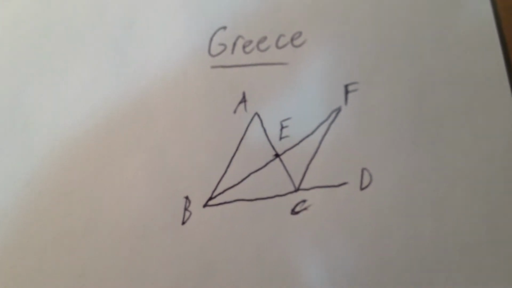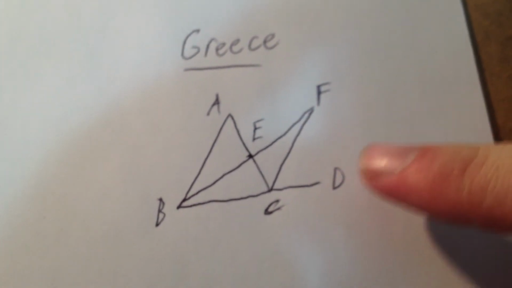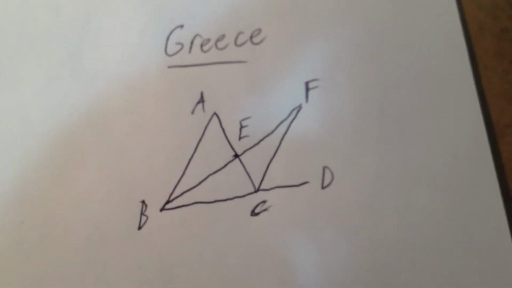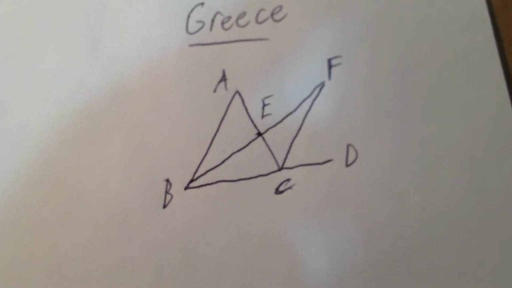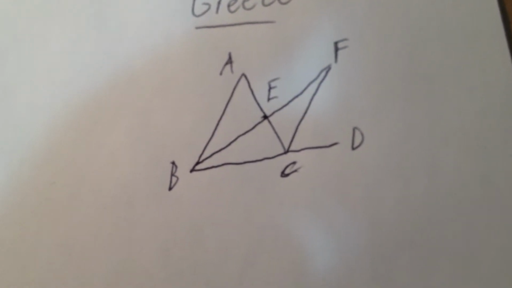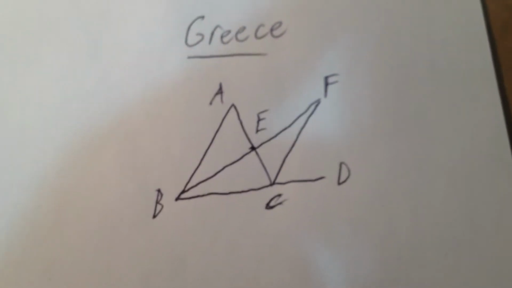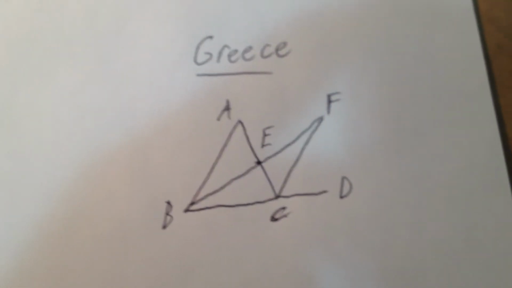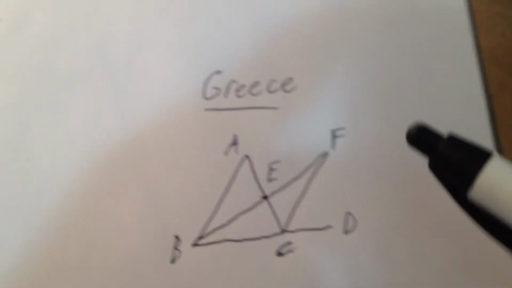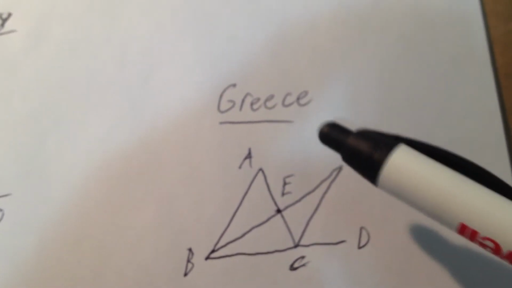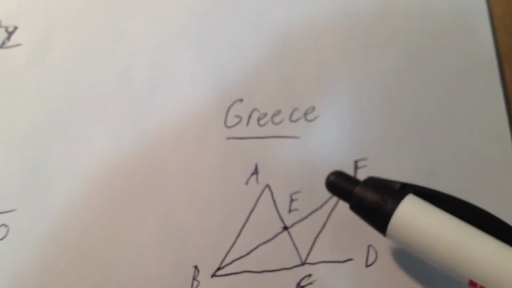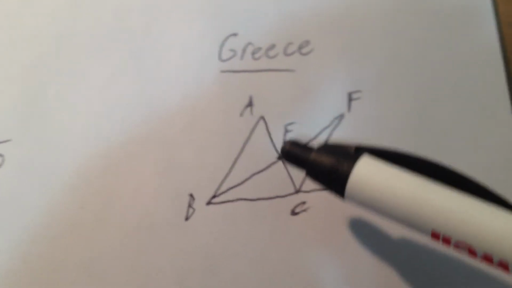And right here you just have a diagram of the construction for the proof of proposition 16 out of Euclid's The Elements, basically saying that if you extend the side of one triangle here, CD, that the external angle ACD is going to be greater than either of the interior and opposite angles.